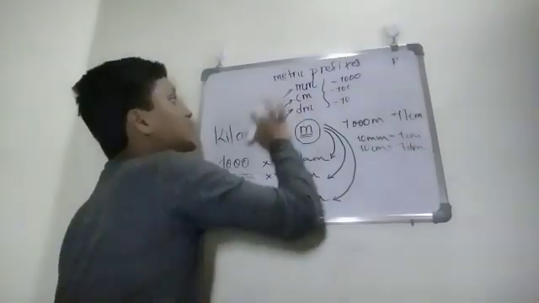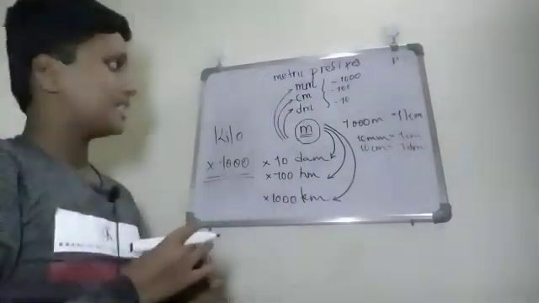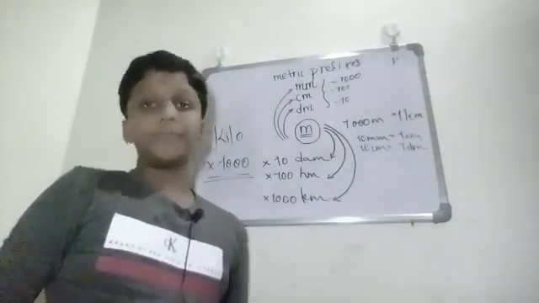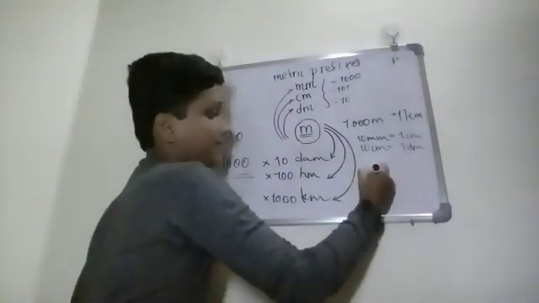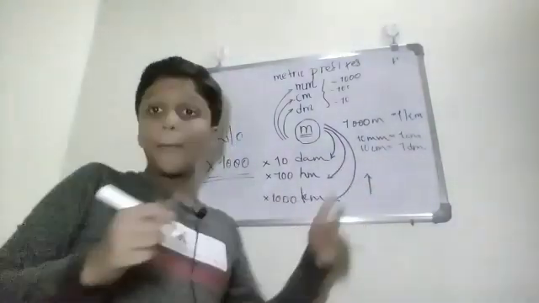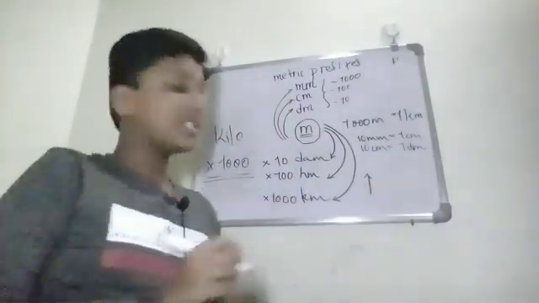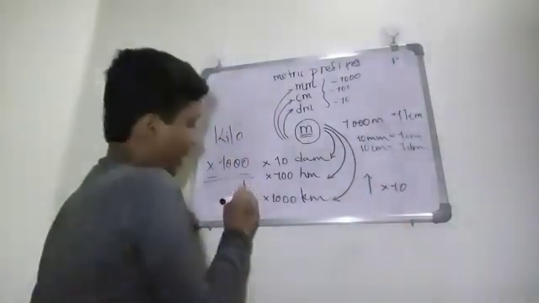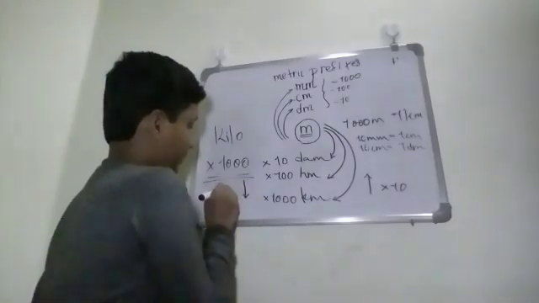Okay, so finally we can say that the relation is into 10 while going upwards. While going upwards, the relation is into 10, but while going downwards, it is divided by 10.